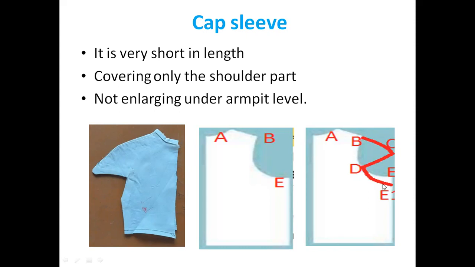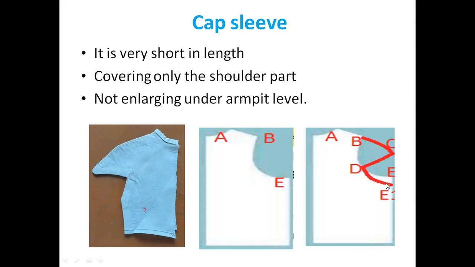I will repeat it once again. You have to take a basic bodice. Then you have to extend B to C, that is half an inch to 1 inch as already discussed. That point is C. Then on the arm line, you have to take a midpoint D. Then you have to join C with D. Then on the line E, you have to mark a point E2, that is half an inch or in some cases 1/4 inch below E. Then you have to join D with E2.